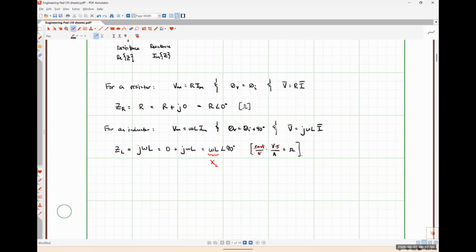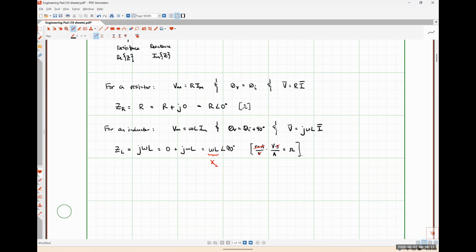If our angular frequency omega were 0, what would the impedance of our inductor look like? 0 ohms. What do we call something with a resistance of 0 ohms? A short circuit. What does omega equal to 0 represent? 0 AC oscillation or a DC signal.